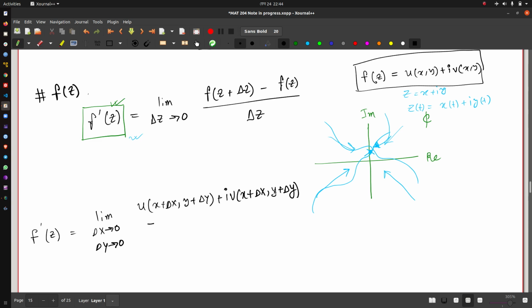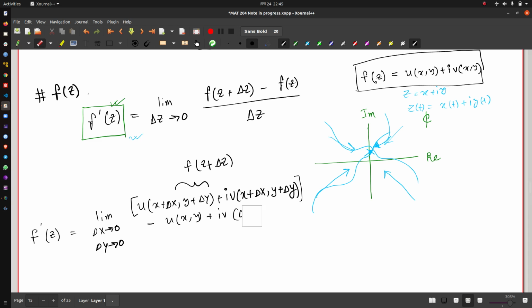So yeah, this is our f of z plus del z, this guy, and for f of z you have u of x, y plus i v of x, y. And in the denominator it was del z, so it should be del x plus i del y, something like this.